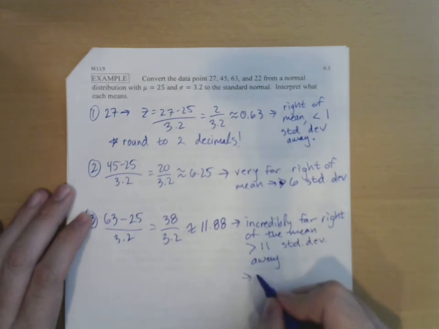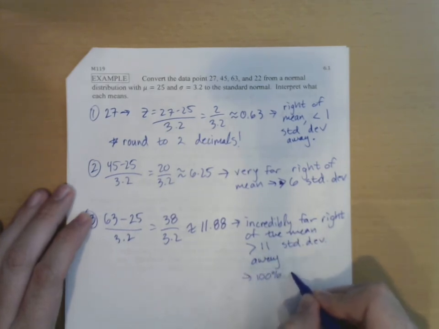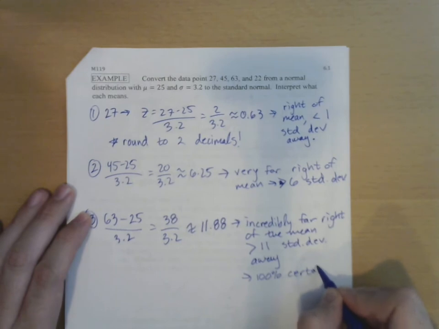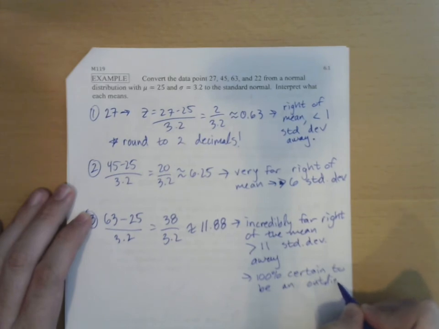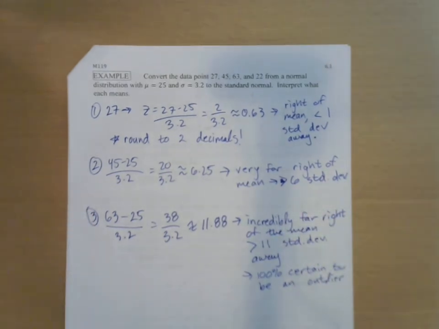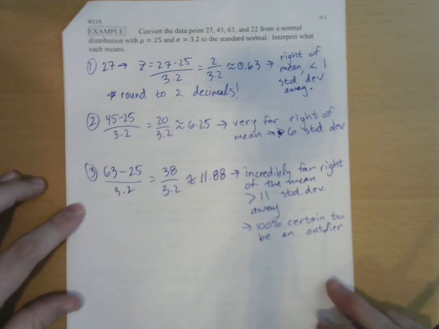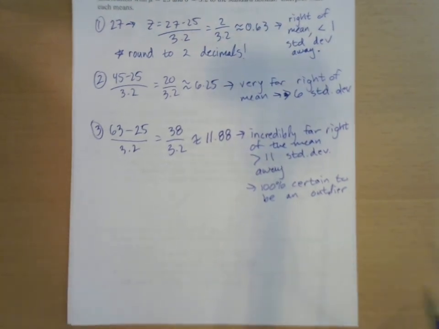And so this is 100% certainly to be an outlier. All right, 6.25, we would probably make a fair assessment that it is an outlier, but at 11.88, we're almost 12 standard deviations away. This thing is way out to the right, and it is having absolutely nothing to do with the other data points, a complete outlier.